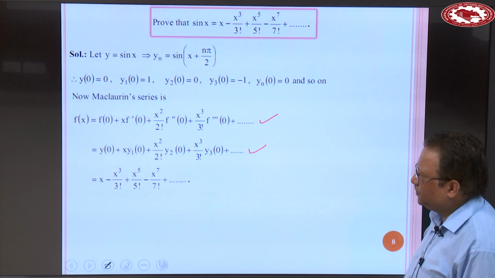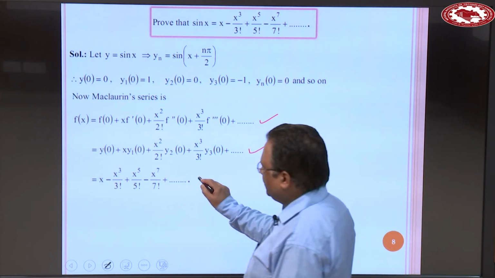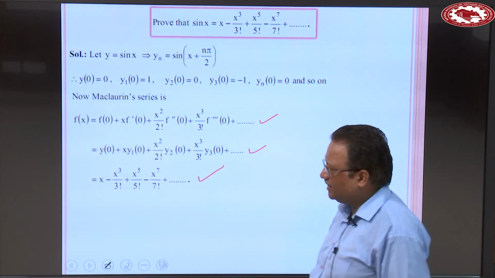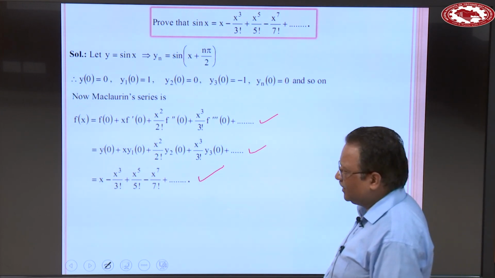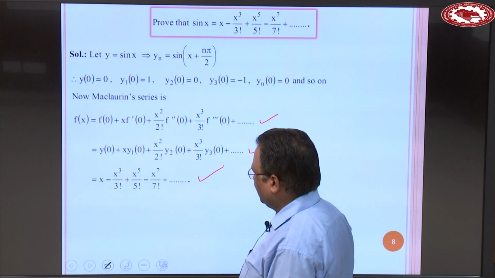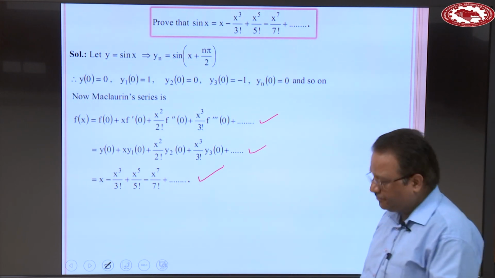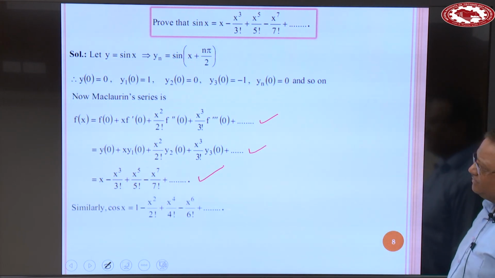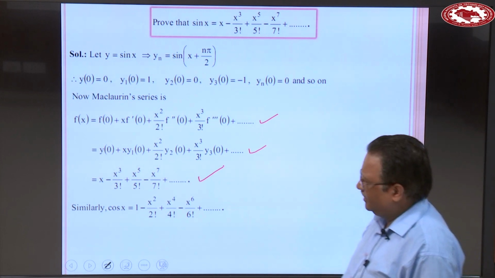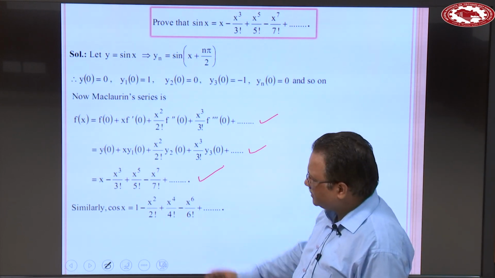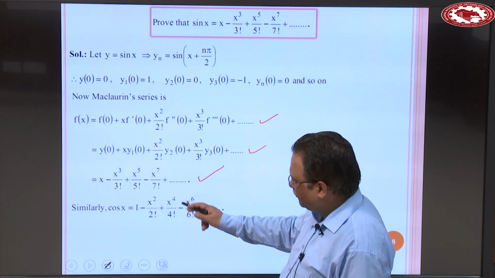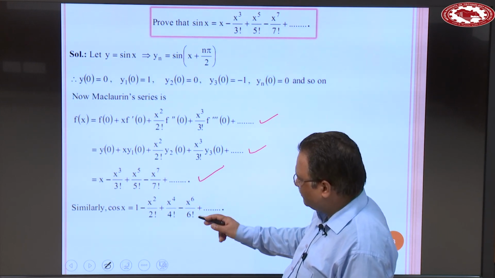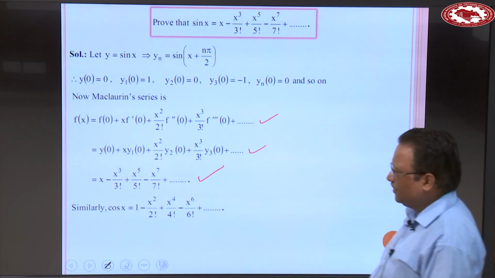So at x equal to 0, substitute all these values, we obtain this: x minus x cube over 3 factorial plus x5 over 5 factorial minus x7 over 7 factorial plus and so on. Similarly, we can evaluate cos x. Cos x is equal to 1 minus x square over 2 factorial plus x4 over 4 factorial minus x6 over 6 factorial plus and so on.